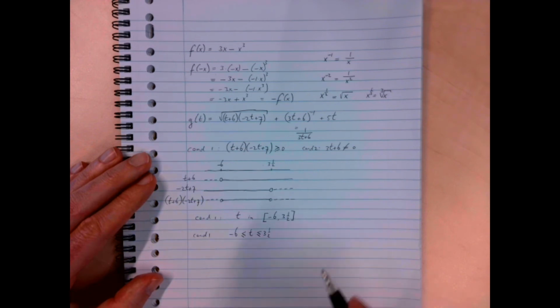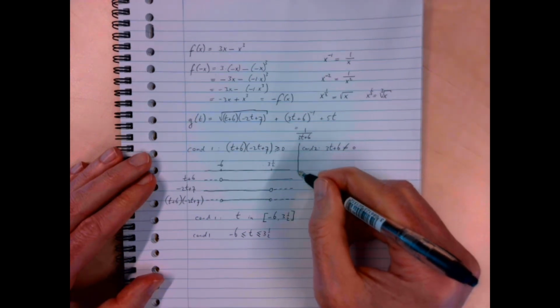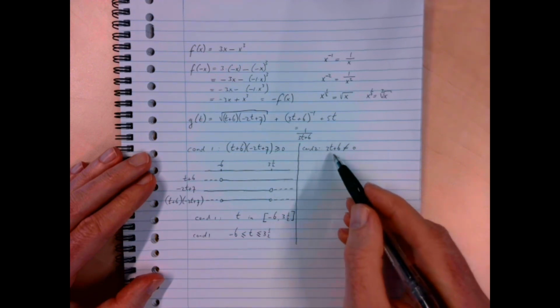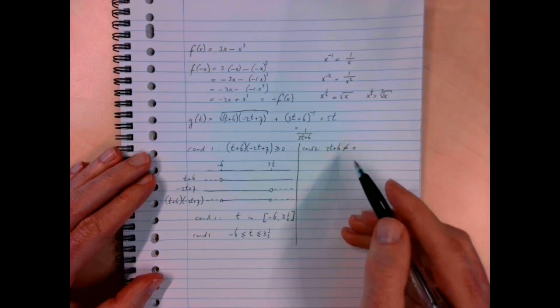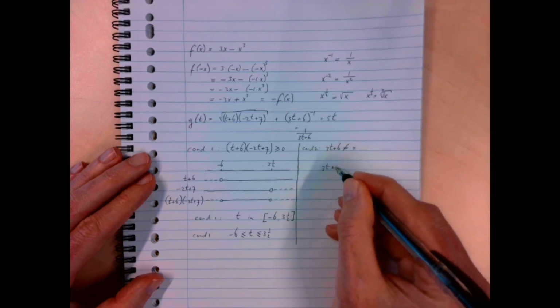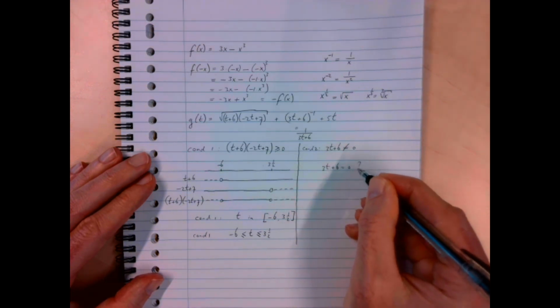Let's now look at condition 2 over here. So let me just do that on the right-hand side. Condition 2 is actually simpler, right? We don't want 3t plus 6 to be equal to 0. So let's solve 3t plus 6 equals 0.